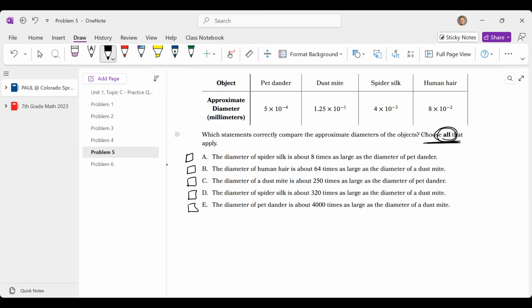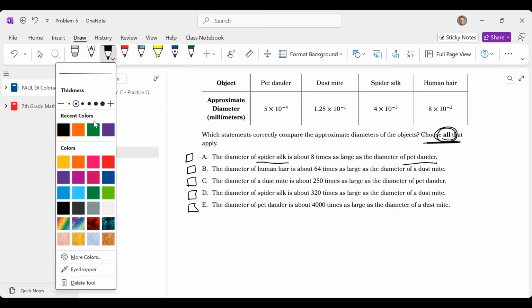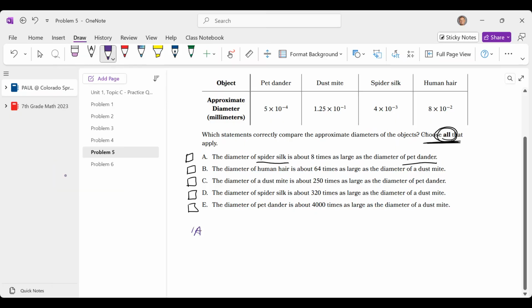Our first thing that we're comparing in problem number 5 is the spider silk millimeter diameter to pet dander. I'm going to change this into different colors depending on the problem. So this is letter A, and I'm looking at the spider silk, and I'm comparing that to the pet dander diameter.